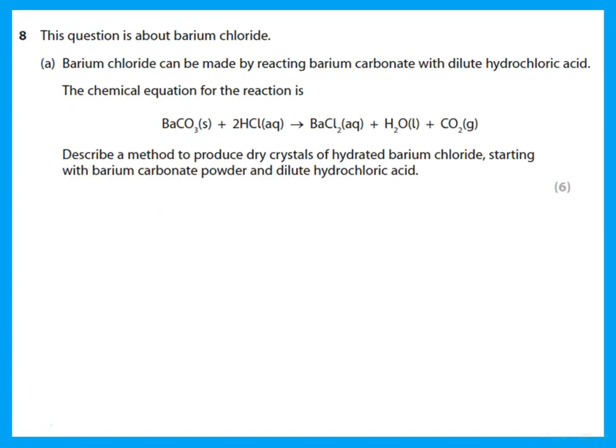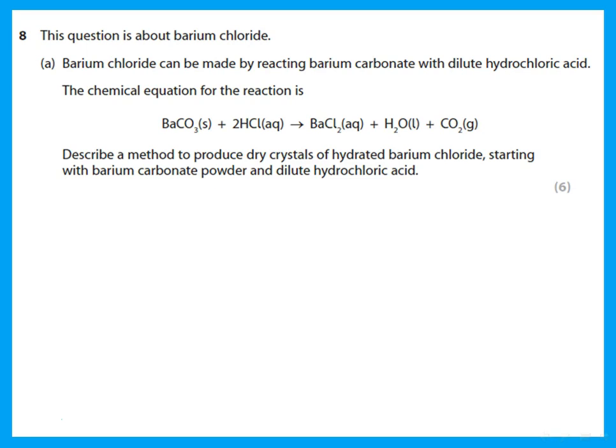Barium chloride can be made by reacting barium carbonate with dilute hydrochloric acid, and the chemical equation for the reaction is this. Describe a method to produce dry crystals of hydrated barium chloride, starting with barium carbonate powder and dilute hydrochloric acid. Again, this is trying to describe how to make a salt.